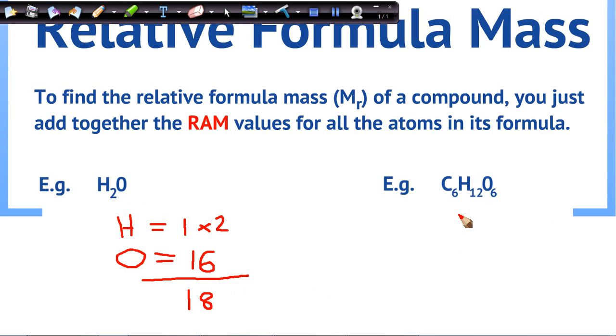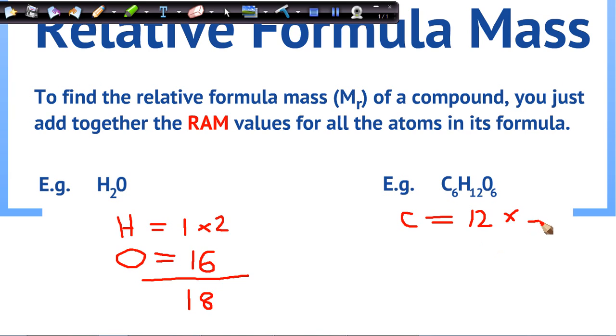So let's look at this one here, C6H12O6. You're not expected to know that, but that is actually glucose, or sugar. So for sugar, let's go through that. Carbon has an atomic mass of, we're going to go with 12, because 12 is the most common isotope, so we'll just round to 12.